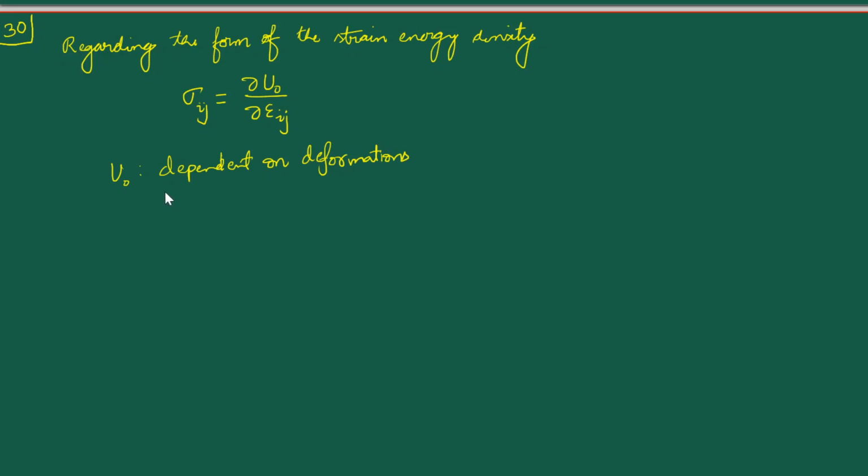Additionally, it may also be dependent on the temperature, on the heat flux, but within our scope of advanced mechanics of solids, we shall not be bothered with those kinds of dependencies. So this dependence of the u naught on deformations, we will formulate by writing u naught to be a function of epsilon ij. All the information in the deformations, we capture within this epsilon ij.